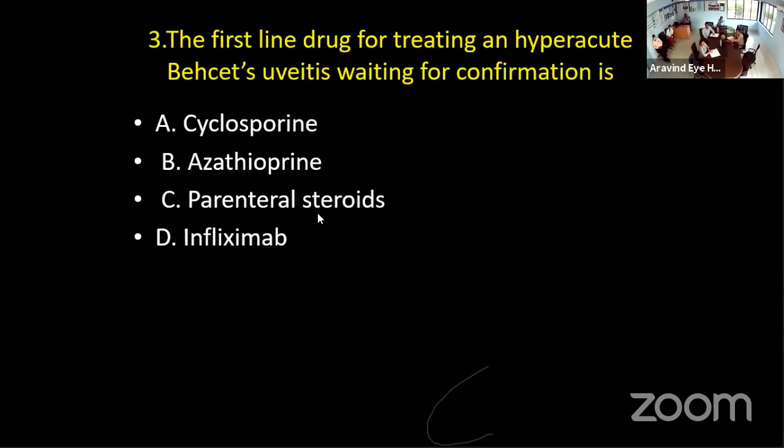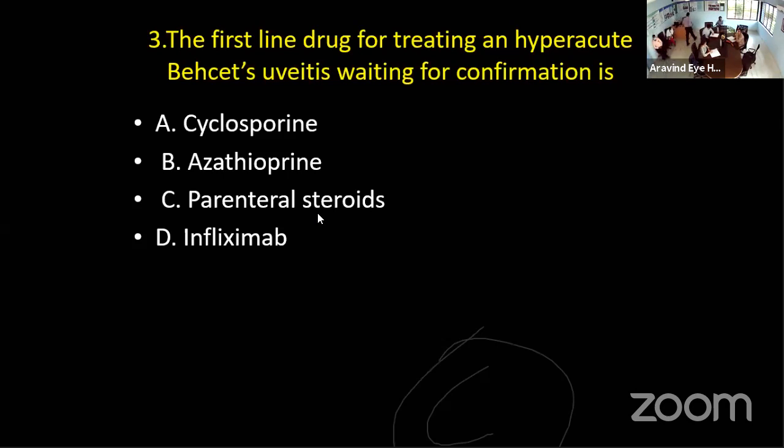The first line drug for a hyperacute uveitis, while waiting for confirmation, what will you give? Will you give cyclosporine? What is the problem? Cyclosporine will have a lag period of 4 to 6 weeks to start acting. The same with any other immunosuppressant. Can it be infliximab?